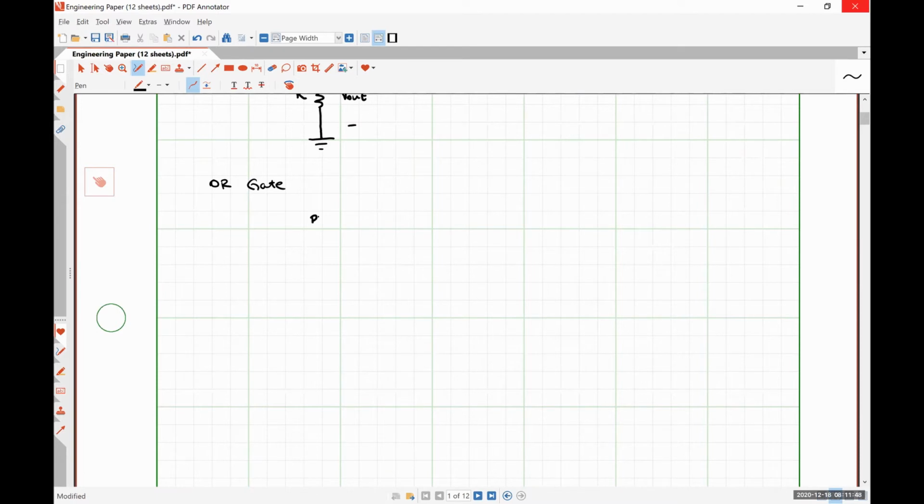So fairly straightforward. For our AND gate, it's going to look something like this. D3.